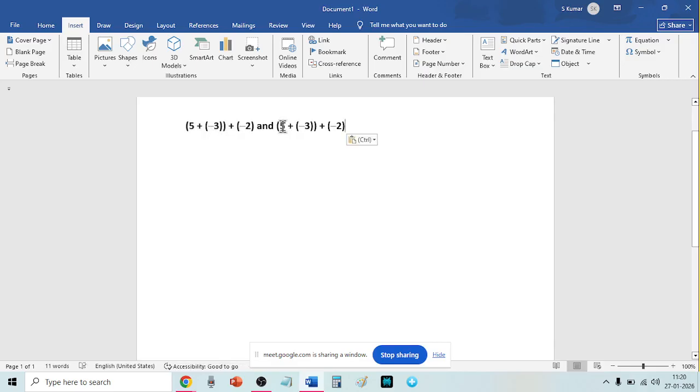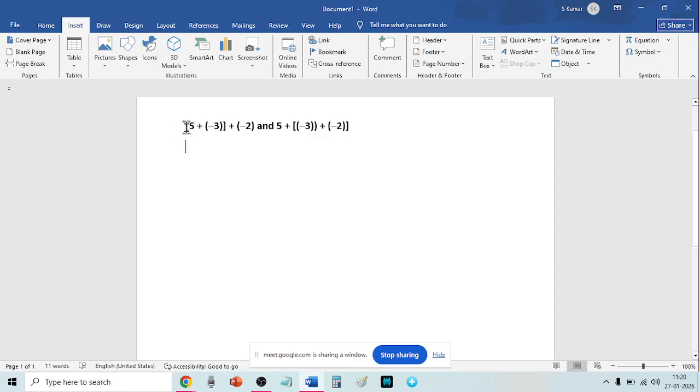So bracket will not come here, bracket will come for the last two, right? Bracket will come for the last two. This will mean bracket. Here also you can put that bracket if you want. Instead of this bracket, you can put this bracket. So again the thing will be same.